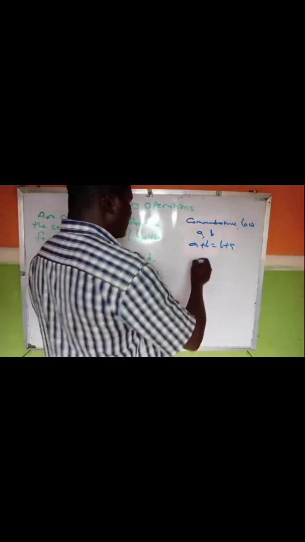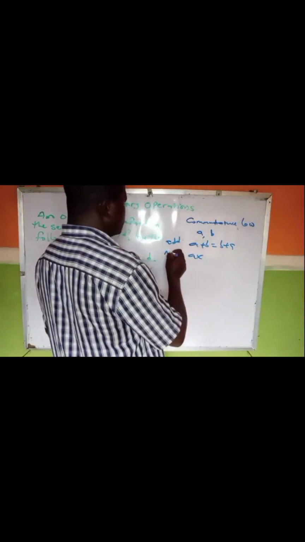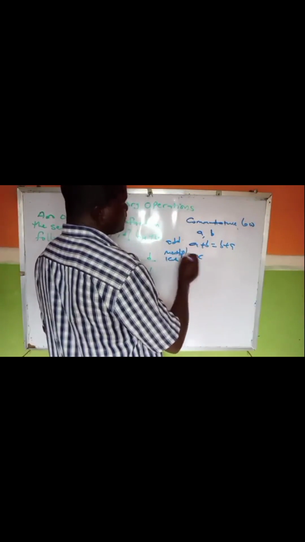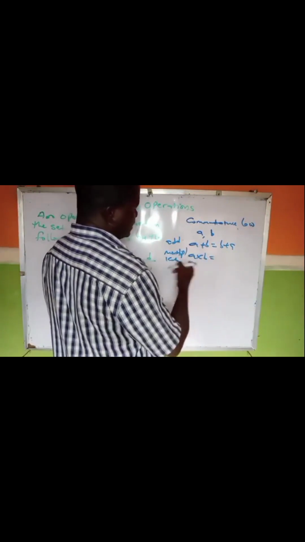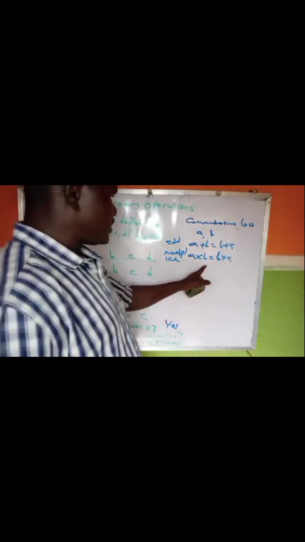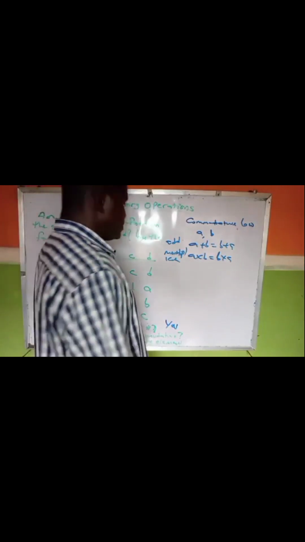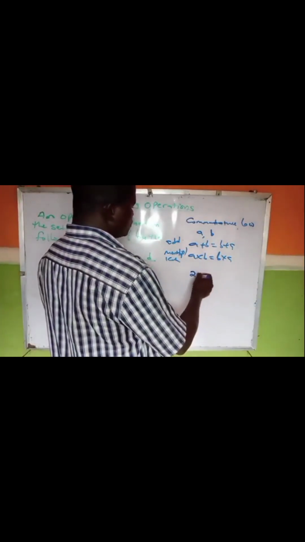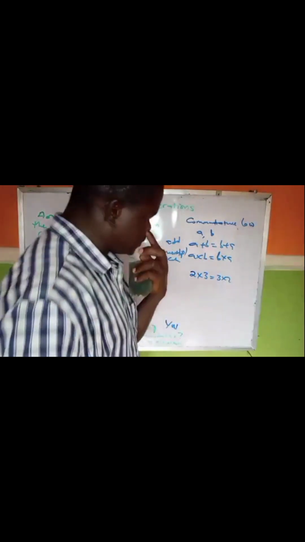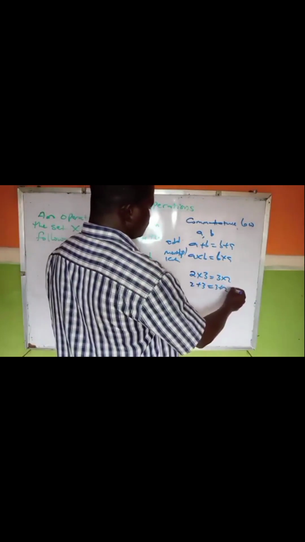If you check under multiplication also, if you have A times B, does it equal B times A? If A times B equals B times A, then they are commutative. In a simpler way, 2 multiplied by 3 equals 3 times 2, which is still 6. Or 2 plus 3 equals 3 plus 2, which is still 5.